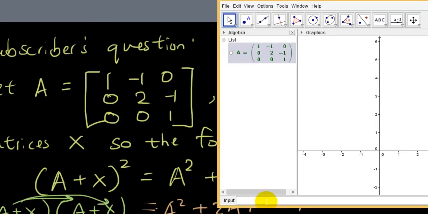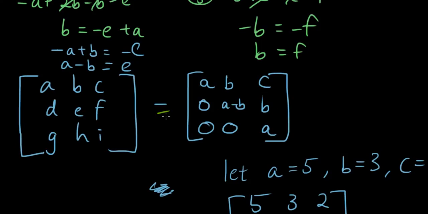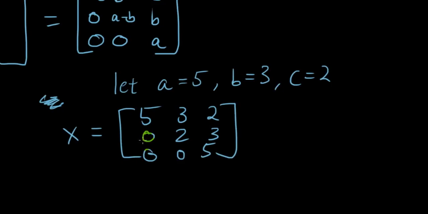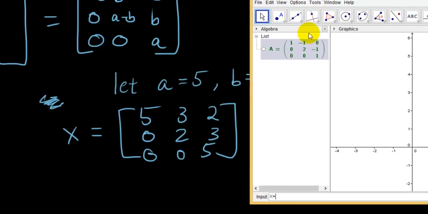That's matrix A. And matrix X, I'm going to type in the matrix that I have just made up after all this working out: 5, 3, 2, 0, 2, 3, 0, 0, 5. So matrix X is 532, 023, 005.